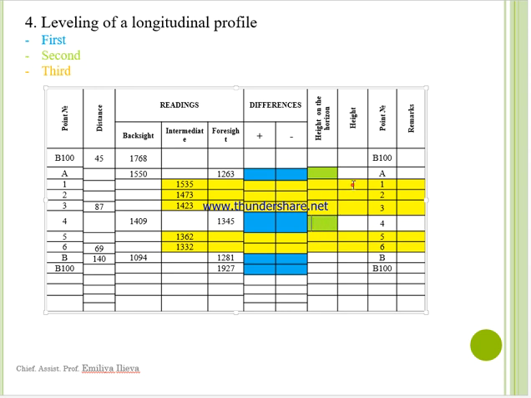So the height of point 1 is going to be the height of the instrument minus the intermediate reading. Then the height of point 2 is going to be the height of the instrument minus the intermediate reading, and so on.